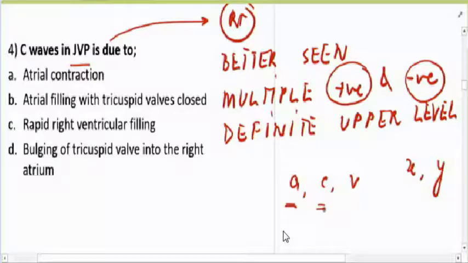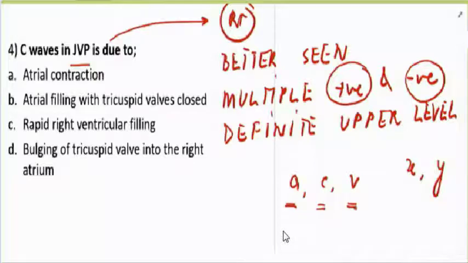C wave is due to bulging of the closed tricuspid valve into the right atrium during the isovolumetric contraction phase. And V wave is due to venous filling of the right atrium just before opening of the tricuspid valve.